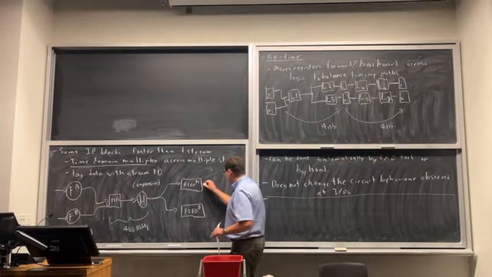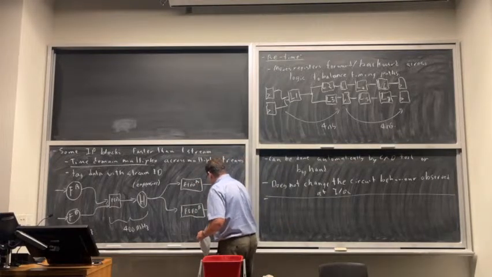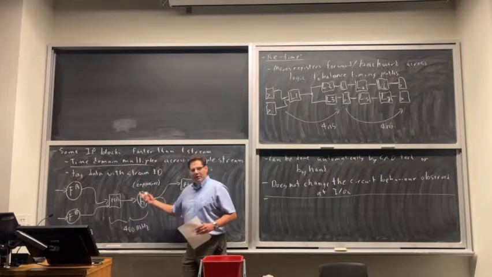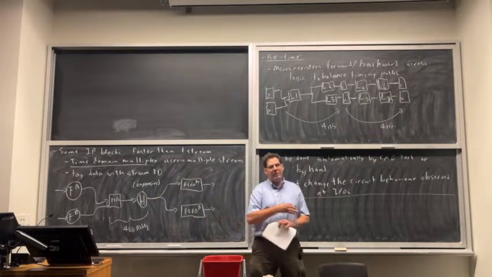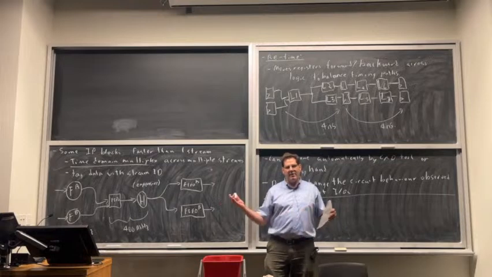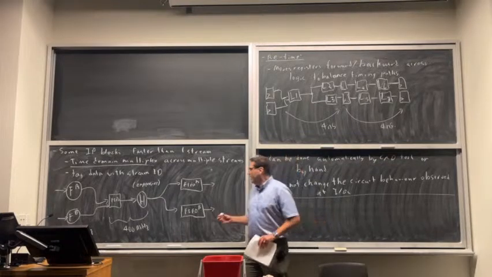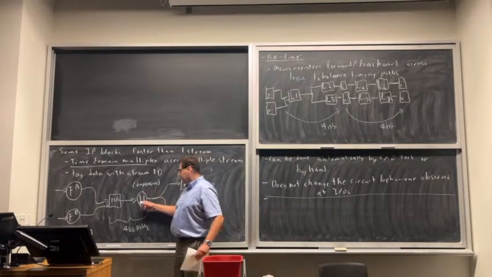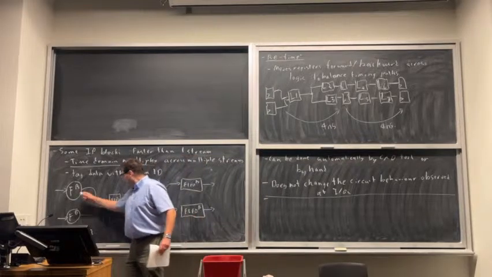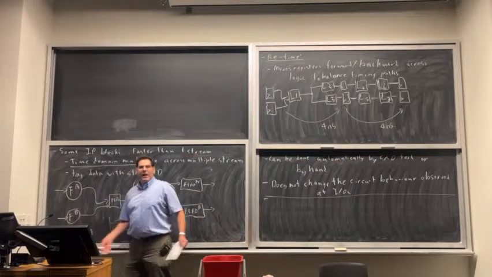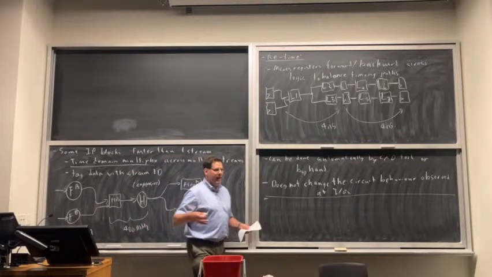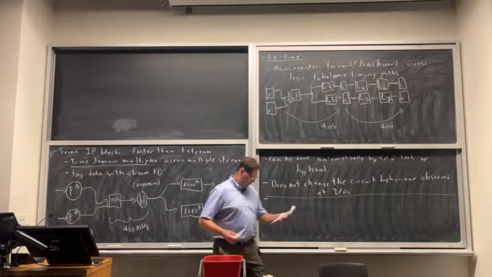If this was a small unit, this probably isn't worthwhile. I can just make 2 copies of it, and the fact that it's extra fast, I just don't care. But if it's a big, expensive unit, I'd really rather not put 2 copies in when one of them could handle 2 streams, or a bunch of streams. So yeah, it's another approach you can use for rate matching when you've got some really good hardware that's expensive.